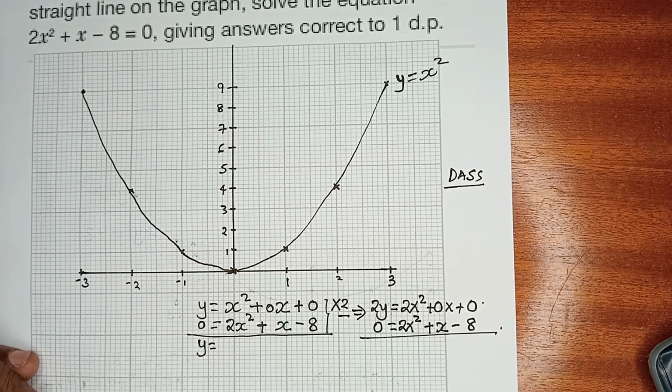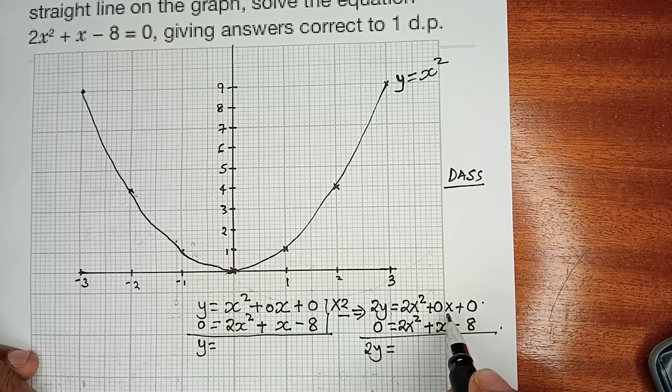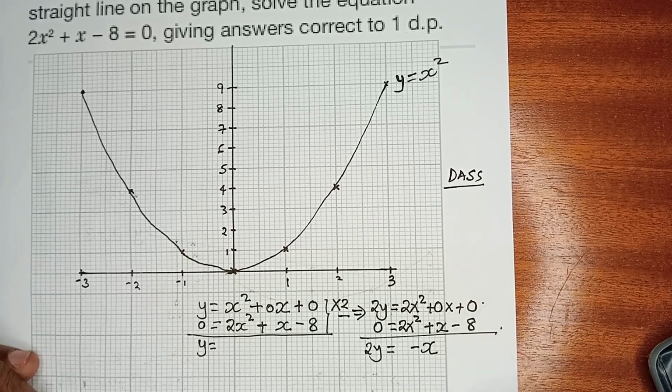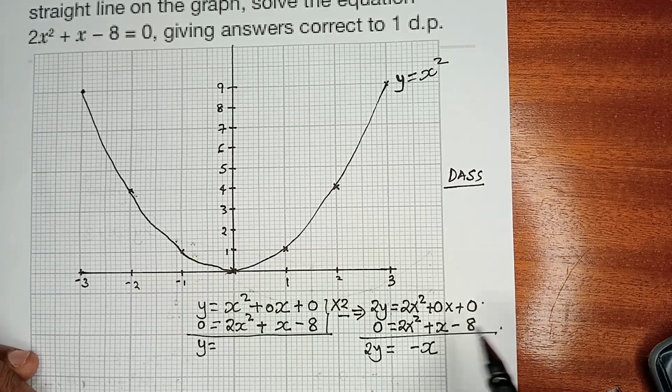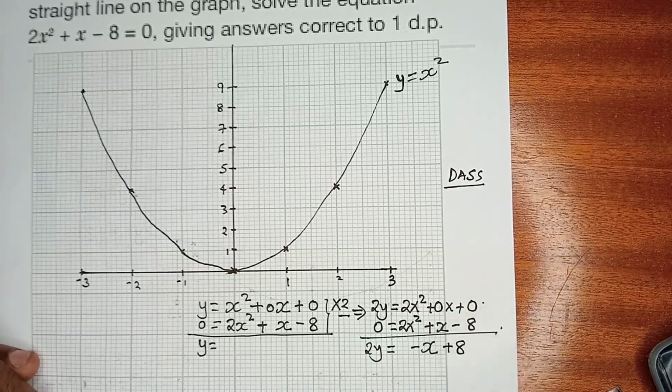Now we can go through the process of subtraction. Sorry for that. 2y minus 0 is actually 2y. 2x squared minus 2x squared is 0. 0x minus x is minus x. And 0 minus minus 8 is actually plus 8.